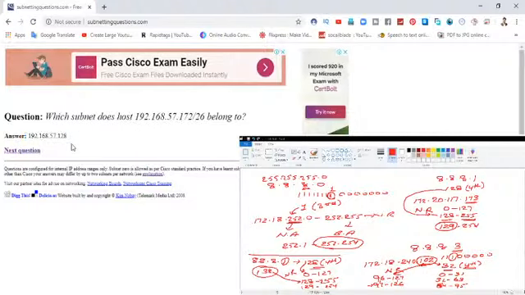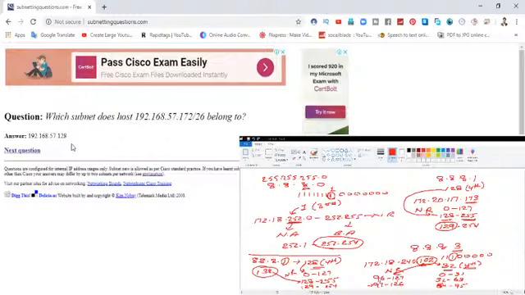So guys, you can see my speed for subnetting. Right now I have solved more than 20 to 30 questions within 5 or 7 minutes, without using pen and paper, and while communicating with you at the same time.